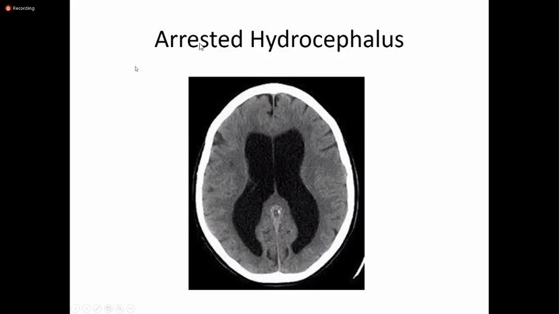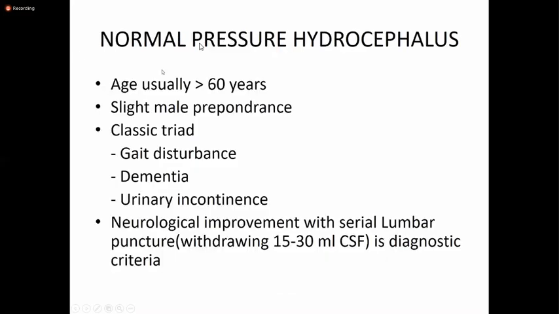The last type of hydrocephalus that we are going to discuss today is normal pressure hydrocephalus. You will very commonly see in the medical wards elderly patients with dilated ventricles, where you cannot establish whether these dilated ventricles are due to degenerative changes, due to multi-infarct dementia, or whether this is normal pressure hydrocephalus.